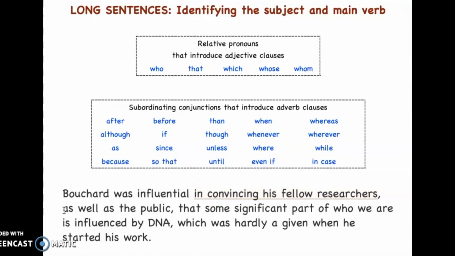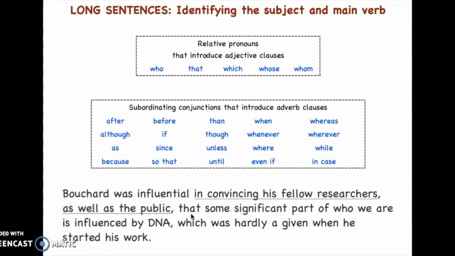And then it says, as well as the public. The public were also influenced by him. As well as means also. So he convinced his fellow researchers, and he also convinced the public. So we're going to eliminate that because it's still telling us about how he was influential.